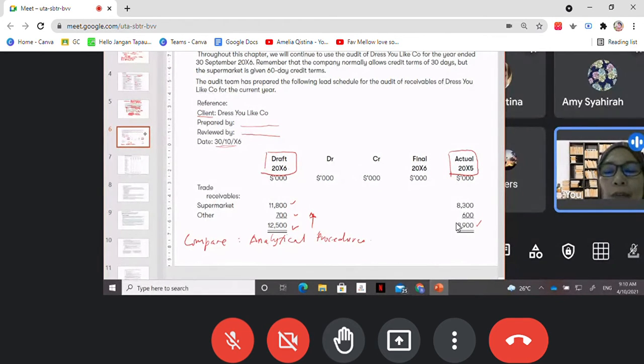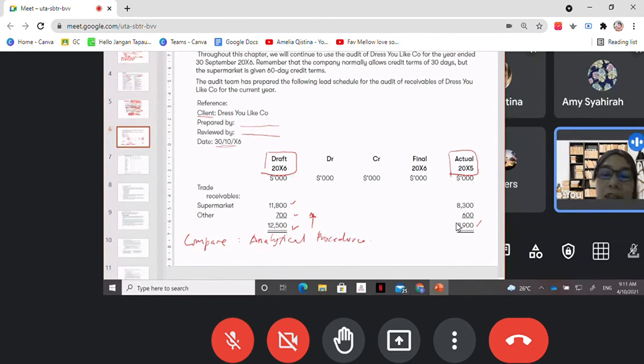So from the supermarket, they have increased about how many million here? 11,800,000 minus 8,300,000. So there's an increase of about how much?